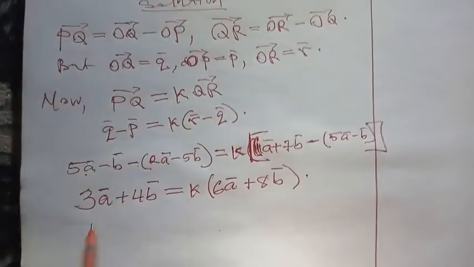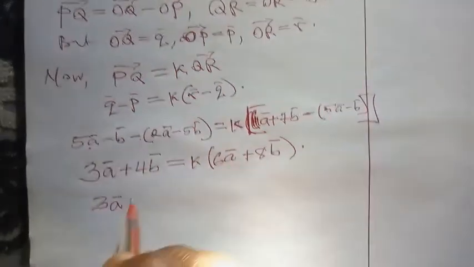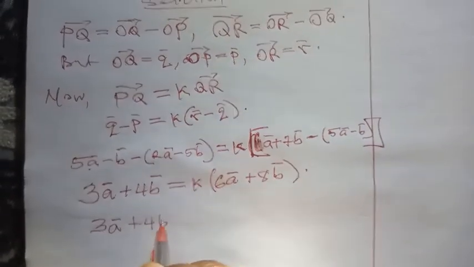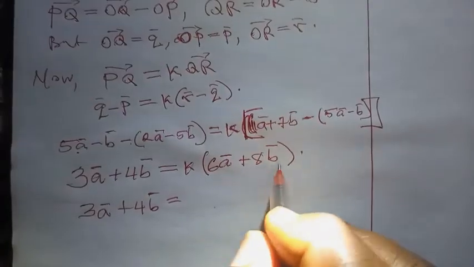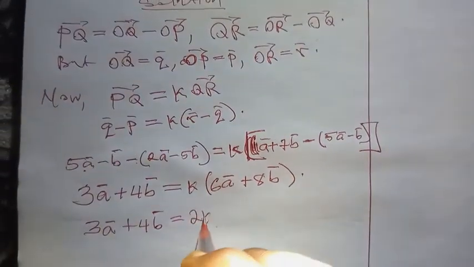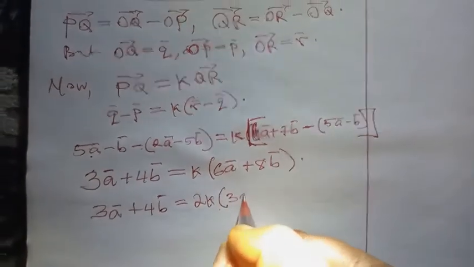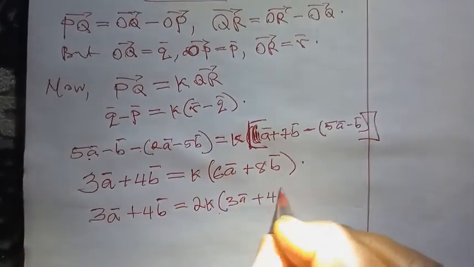Simple. So I have 3 vector A plus 4 vector B equal to, I can factor out 2 to give me 2K bracket 3 vector A plus 4 vector B.